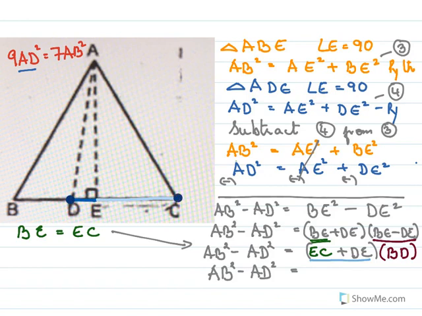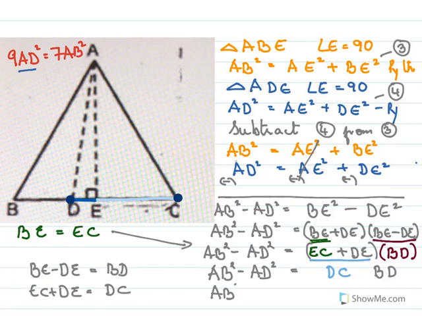So here I'm going to write now DC. And this of course was BD. It would do you good if you write the reason here also, that BE minus DE equal to BD as a reason, and EC plus DE equal to DC. So I have AB square minus AD square equal to.